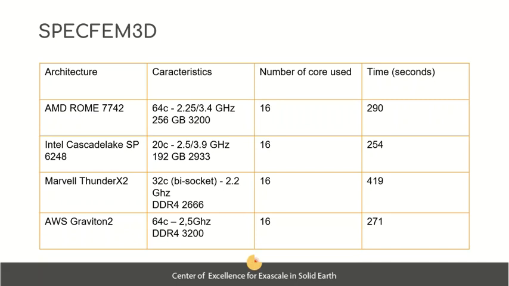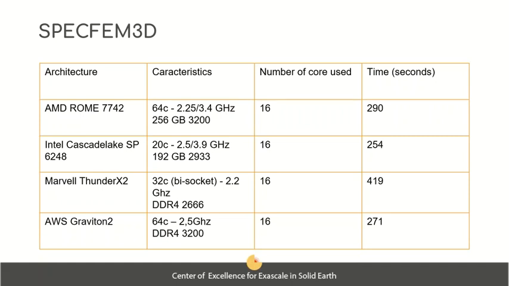What we can see is the same as with SeisSol: the ThunderX2 ARM processor doesn't give really good results compared to AMD Rome or Intel Cascade Lake.